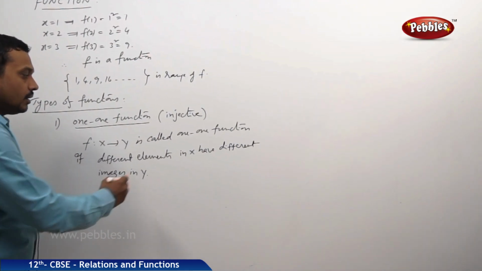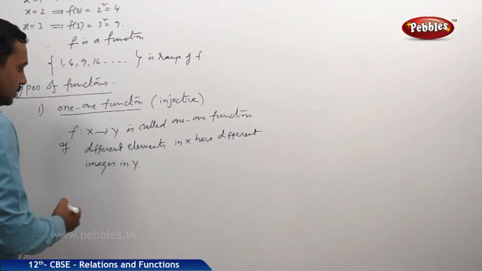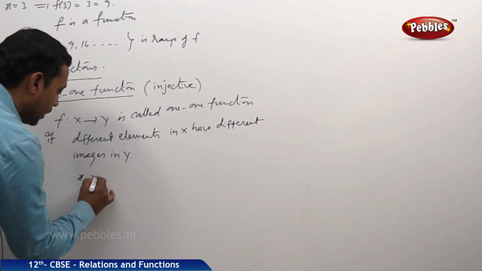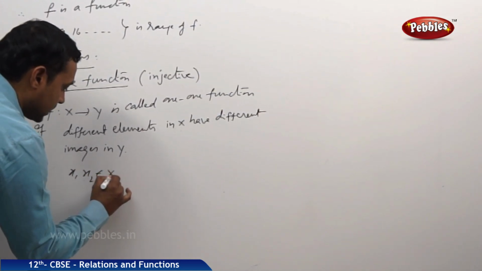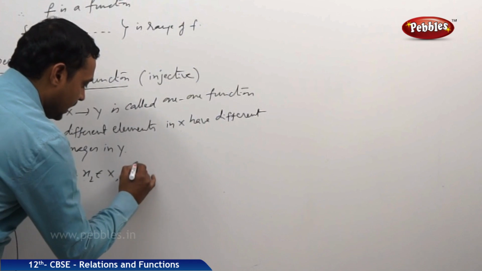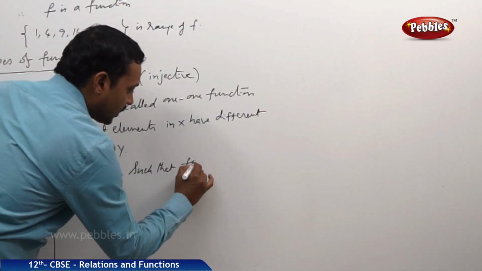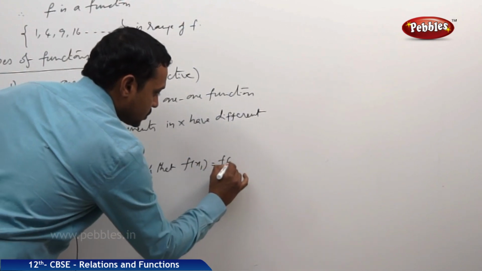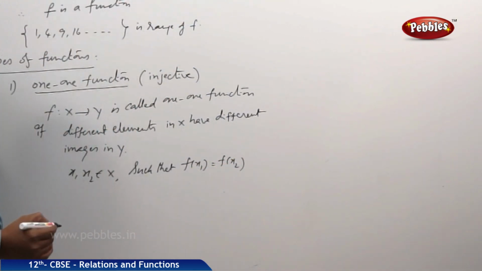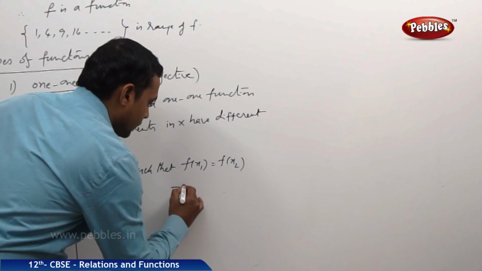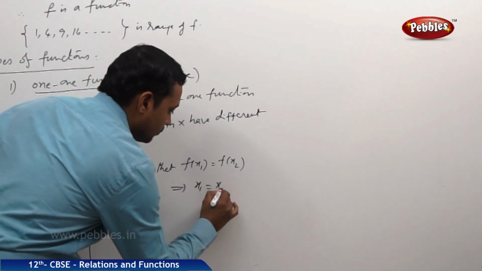In another way, we can define: x1, x2 belongs to x such that f of x1 is equal to f of x2 implies x1 is equal to x2.